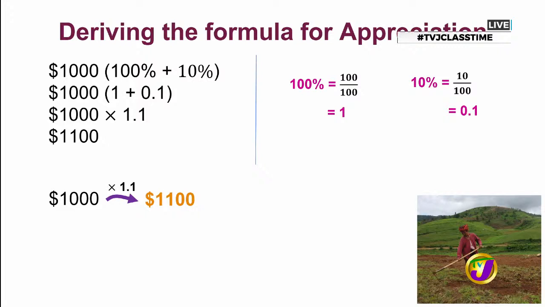And then for year 2, it was that 1,100 that we multiplied by 1.1, and the result was $1,210. Yes. So if I multiply this by 1.1, I'm going to get $1,331? Yep. Perfect.